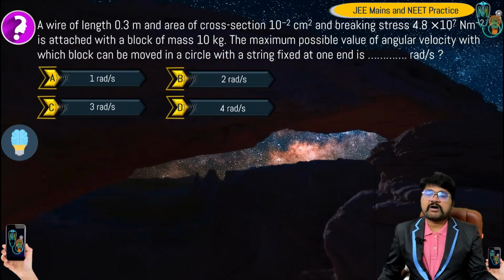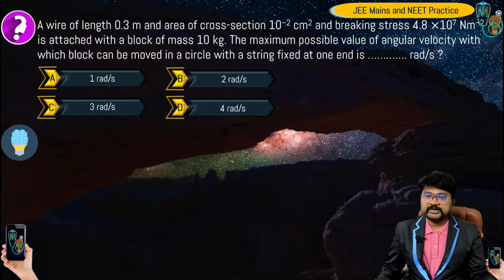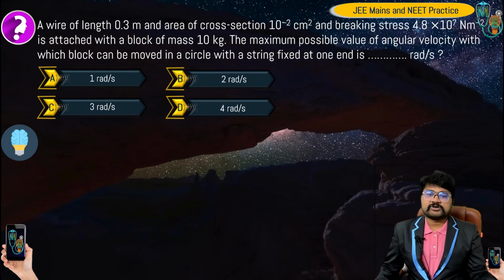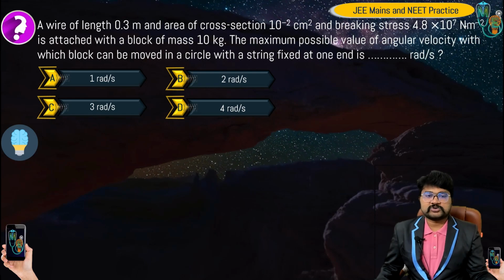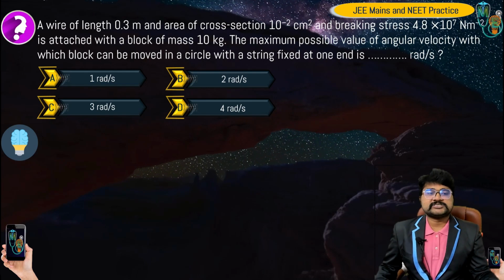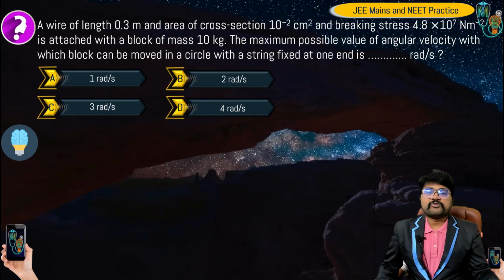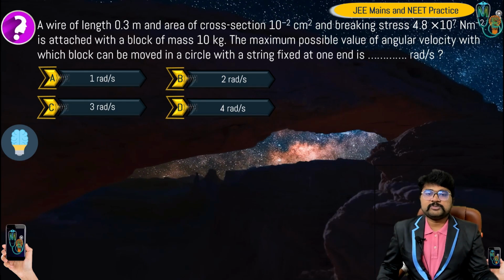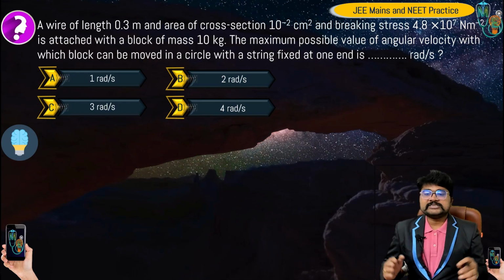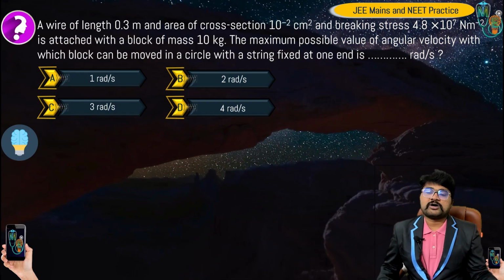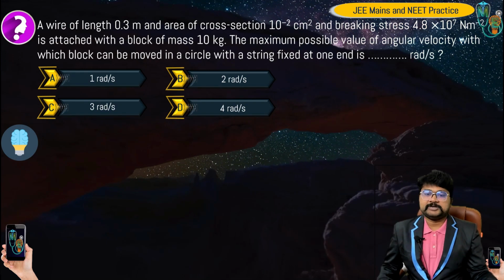A wire of length 0.3 meter and area of cross section 10 power minus 2 centimeter square and breaking stress is given as 4.8 into 10 to the power of 7 Newton per meter square is attached with the block of mass 10 kg.